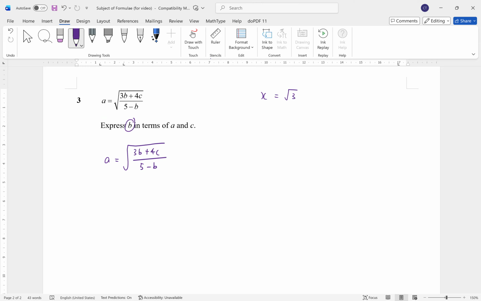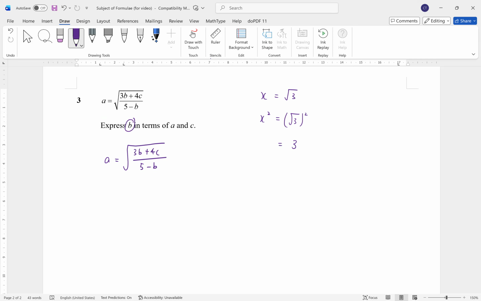Let's say in math, the reverse operation of square root would be square, right? So let's try to square both sides. If you were to press in your calculator now, you try to square the square root of 3, you'll find that you end up with the answer 3.